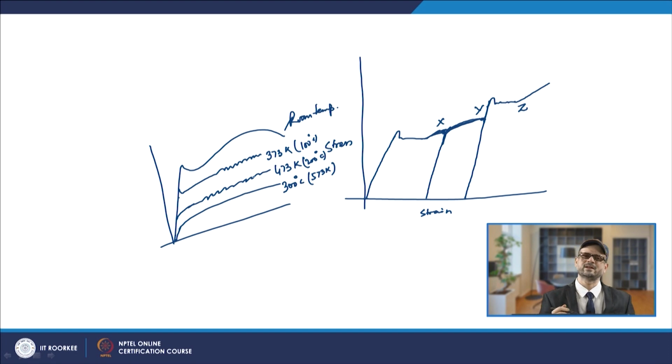So what we normally do is try to have such a condition that the effect of carbon and nitrogen, which is responsible for the reappearance of the yield point and also for these serrations, is reduced.